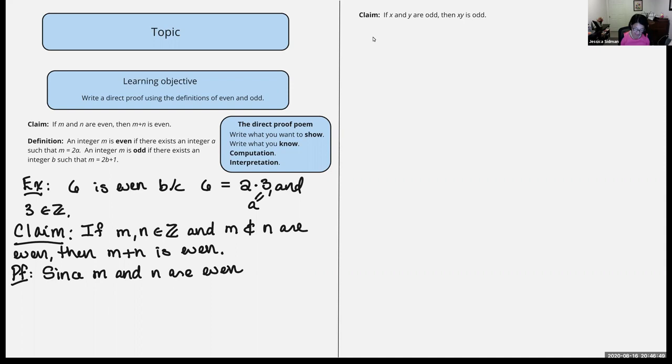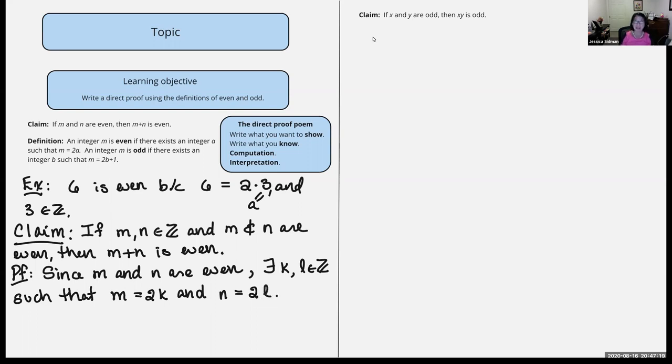So I'll say, since M and N are even, comma, there exist K and L that are integers such that M equals 2K and N equals 2L.